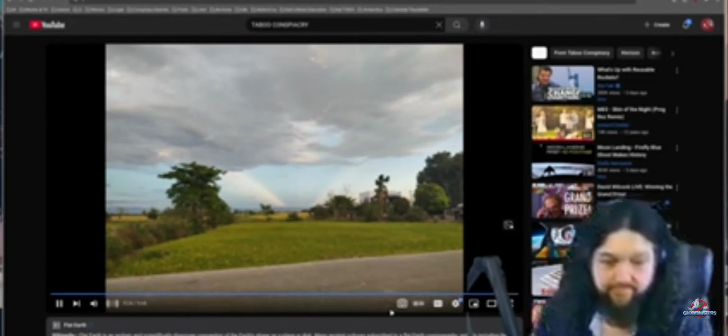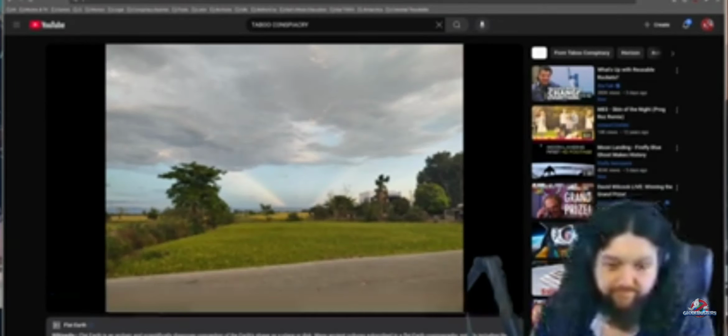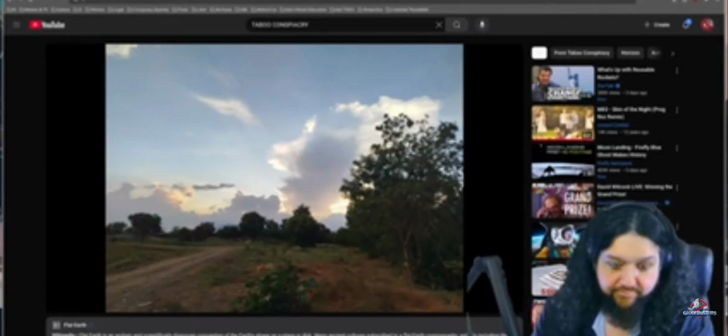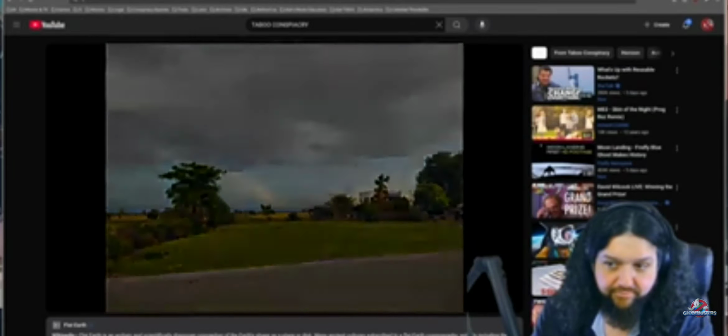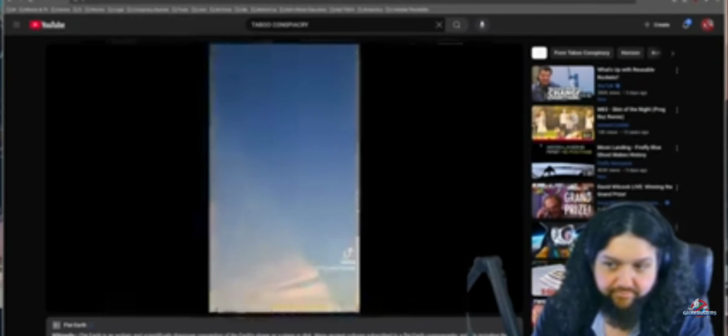Again, the shadow extends across the entire sky, and the sun appears to be angled lower than the clouds. But it can't be, since it's right before sunset. Any way you look at it, sunrises, sunsets, and shadows prove the flat Earth. Thanks for watching.